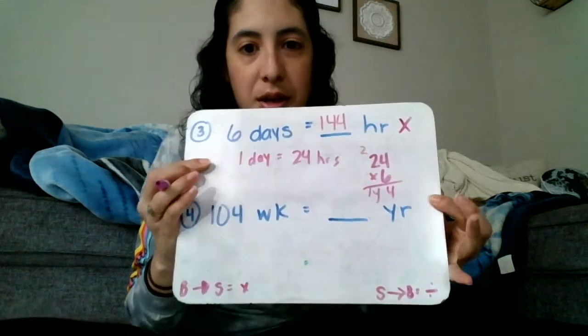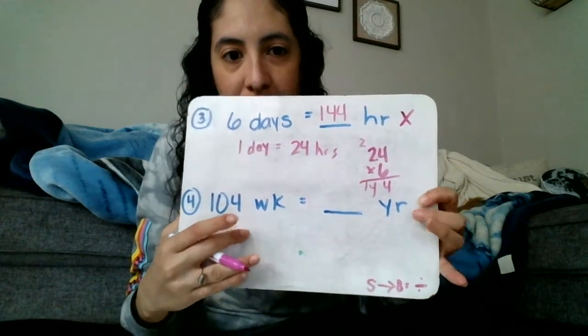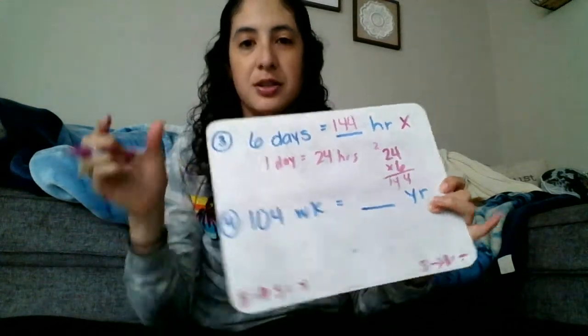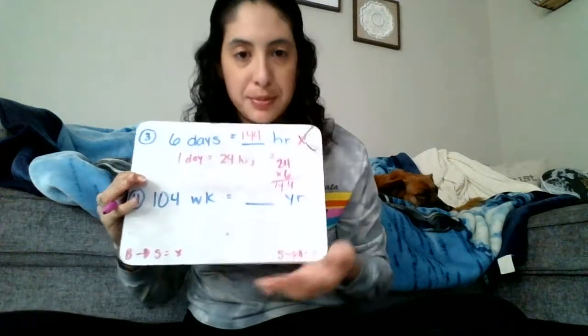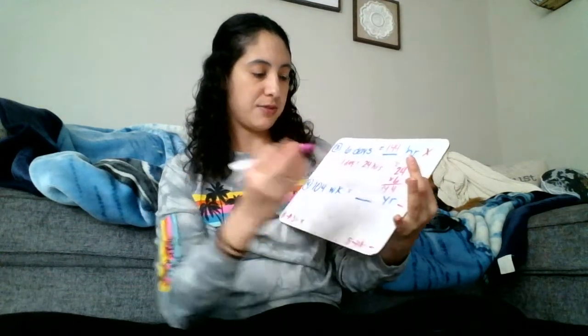Okay, now we're going from week to year. So this is a week. This is a year. Okay, so we're going from small to big. Small to big means divide. So I know that this one's going to be division.